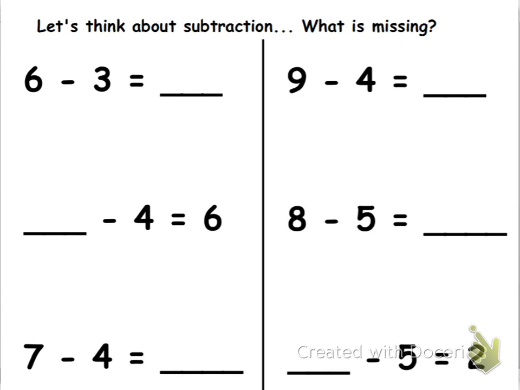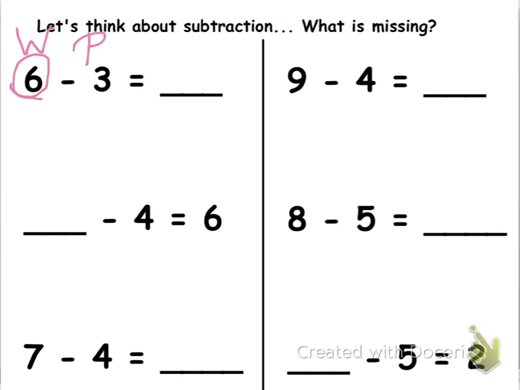Okay, so let's look at this. 6 minus 3 equals blank. Now remember I told you that the whole is happy whenever it's in front of the minus sign. So let's see what number is in front of the minus sign. That's 6. 6 is our whole. Now 3 is one of our parts.